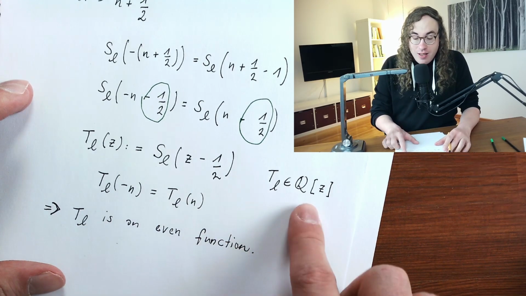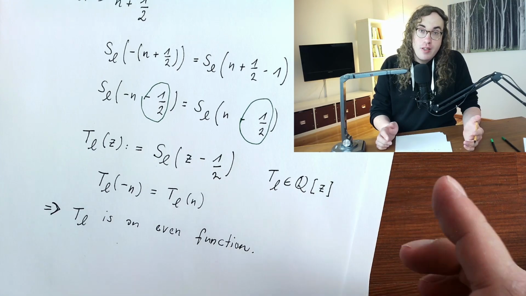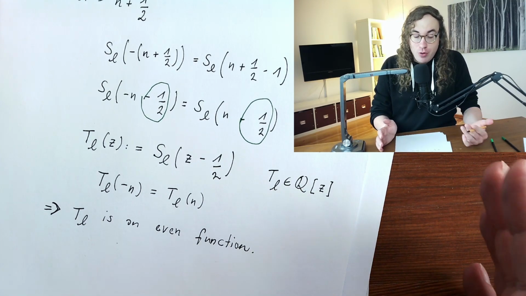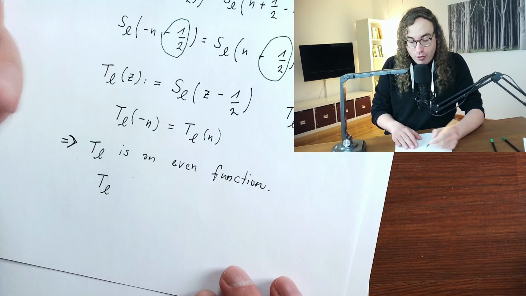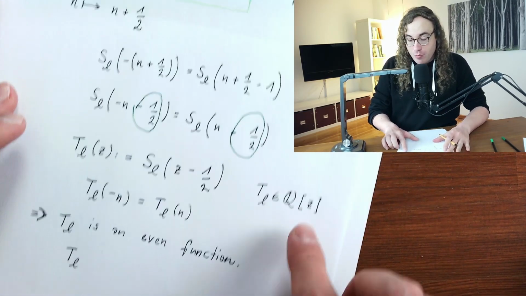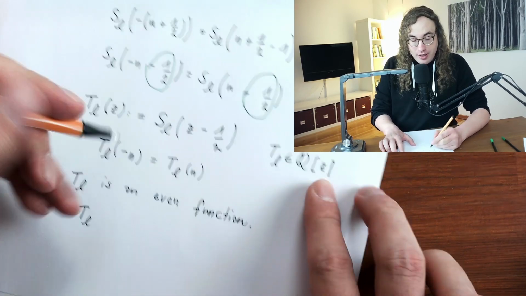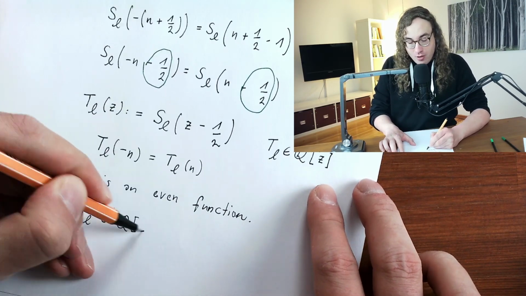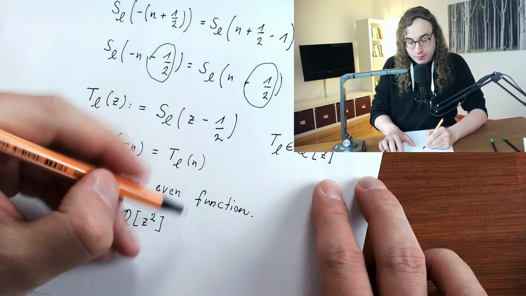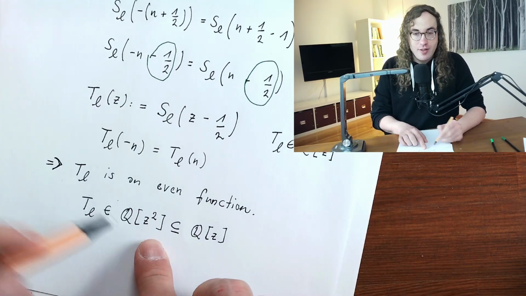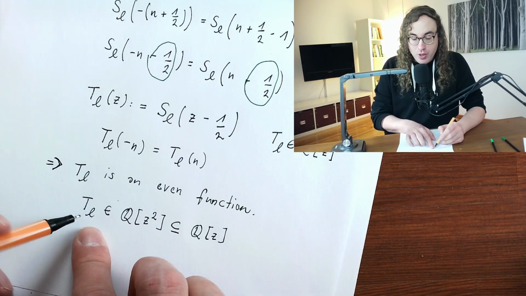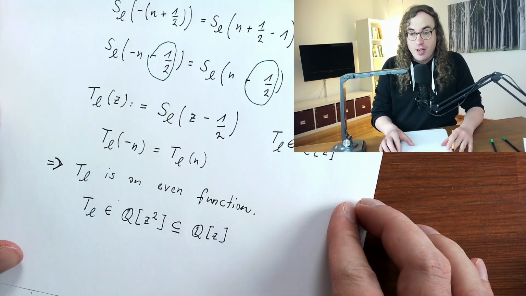But TL is also a polynomial, and you know that it is a polynomial only in even powers. So TL, of course, lies in the polynomial ring in Z, but actually it even lies in the subring generated by the square of Z. This is a subring of the polynomial ring over Q. This is just the statement that TL is a polynomial, but it's also an even function.